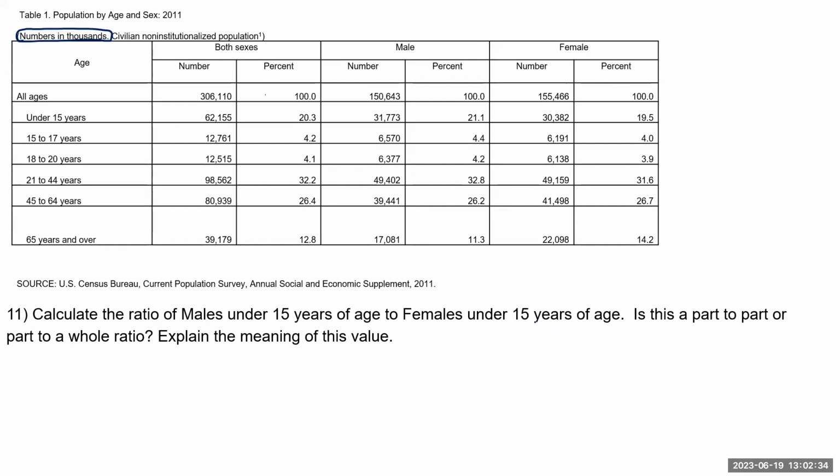And since we're comparing one to the other, this will be a part-to-part ratio. And so if you're looking at the ratio of under 15 years male divided by under 15 years female, then we can track that information on the table and then use that for our calculation.